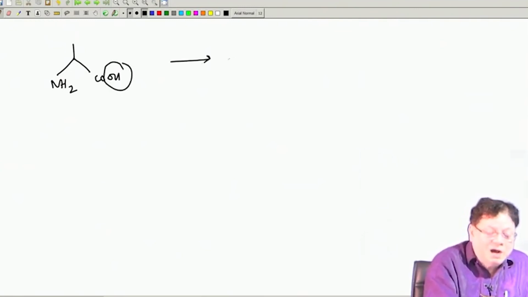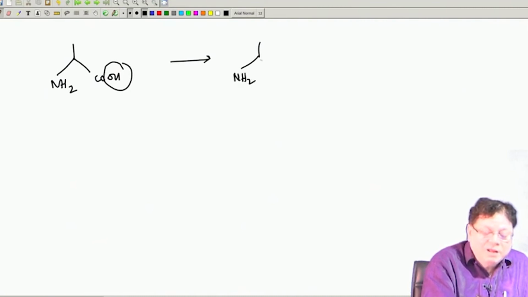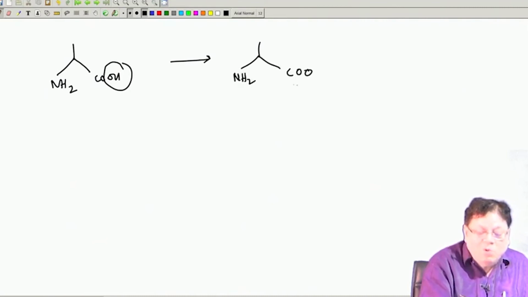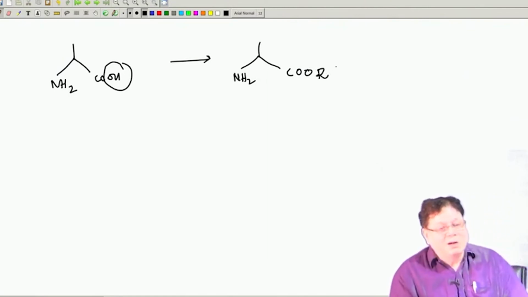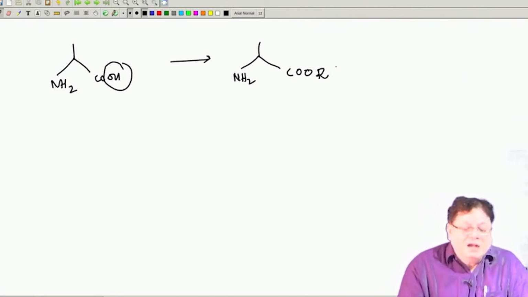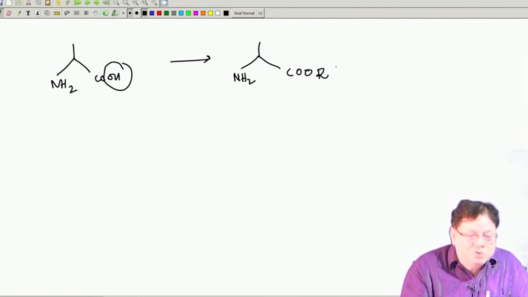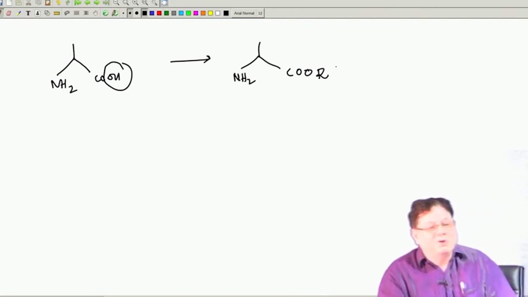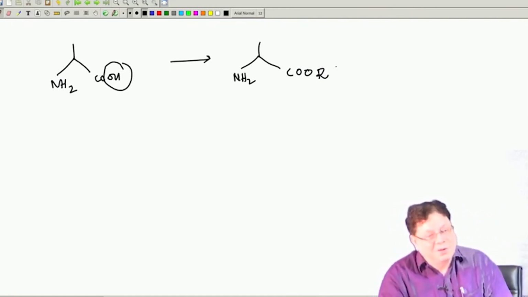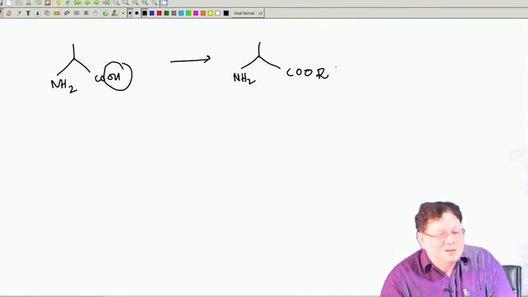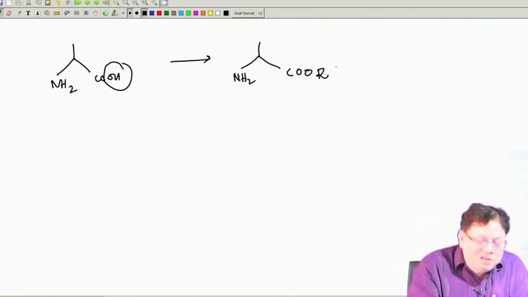The protecting groups work in a very similar way: you have COO, and it is converted into an ester, but not any ester. R cannot be methyl or ethyl, because methyl or ethyl esters have to be hydrolyzed to get the free acid. It has to be hydrolyzed using alkali or concentrated acid. So, this R cannot be methyl or ethyl.